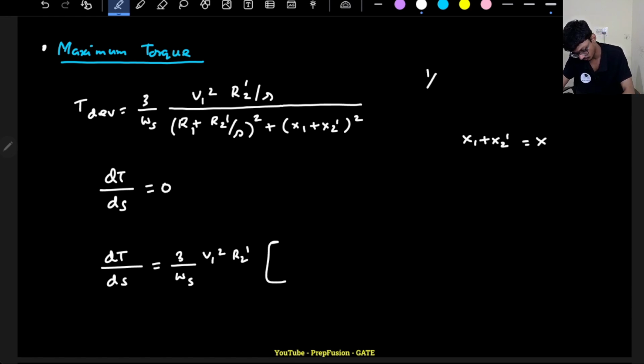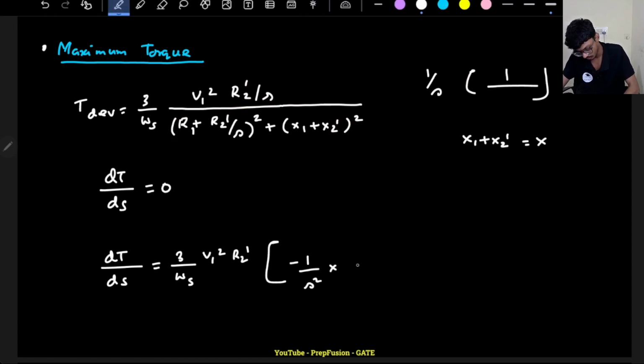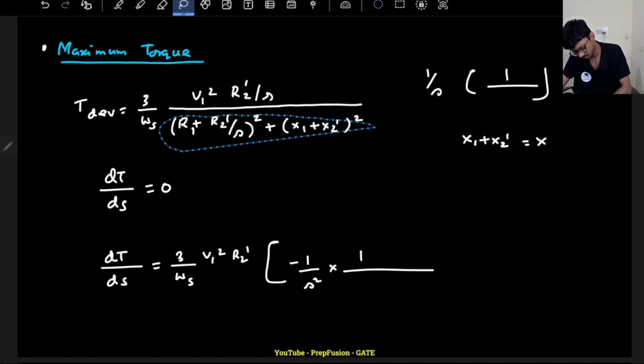This is a product of two functions, 1 by s and whatever is in the numerator. I will differentiate this one first. So this will be minus 1 by s whole square into whatever is in the numerator, which will stay here. I'll copy this and paste it over here.